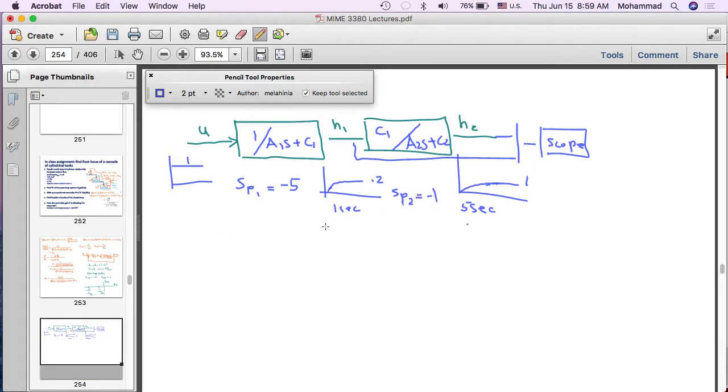So this is the dominant one, which produces the response that stays around longer, and this is not a dominant response, which produces the response that diminishes quickly. So this is a perfect example to show the meaning and the implication of a dominant pole versus a non-dominant pole.